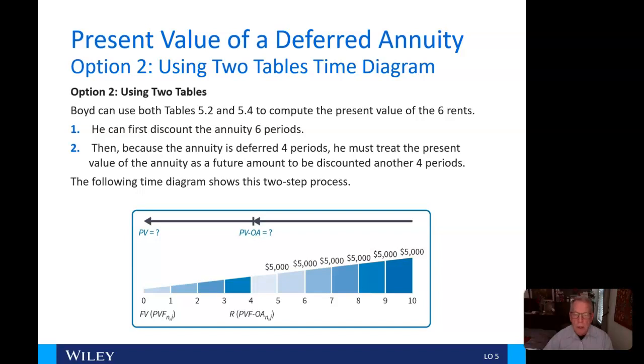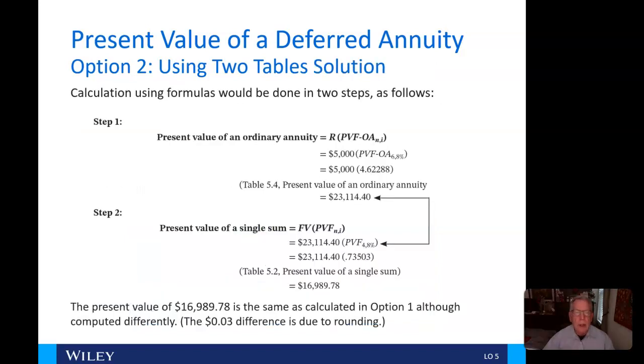So what he's going to do here is he's going to go grab the present value of an ordinary annuity here, 5,000, 4.6228, and then that's going to be 6 periods at 8%.